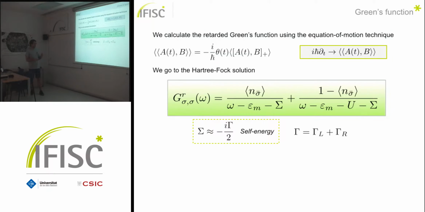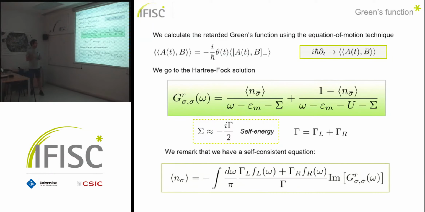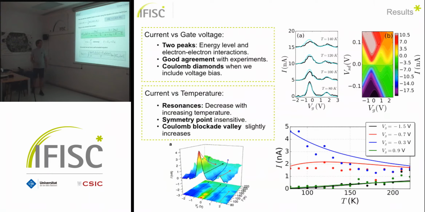This is just the width. And I have to remark again that this is a self-consistent calculation, because this depends on the occupation number, and the occupation number depends on the Green's function. So we have a self-consistent calculation.